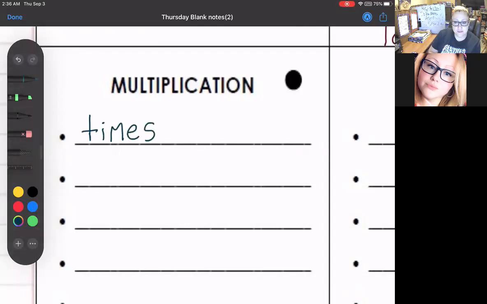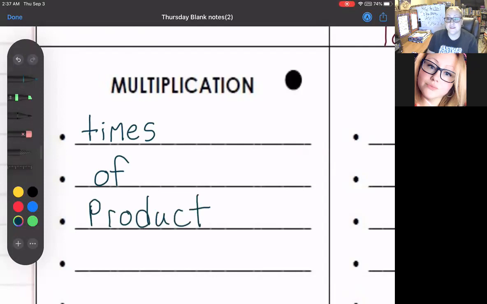But what else? This is a tricky one. Of. Put a star next to it. What about product? The product of 2 and 3 means 2 times 3.